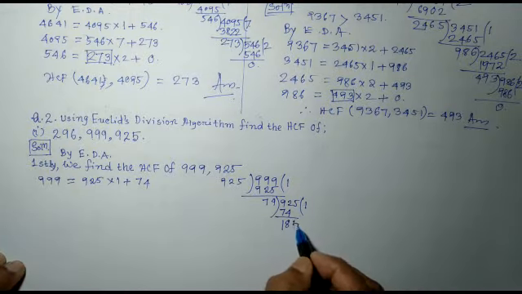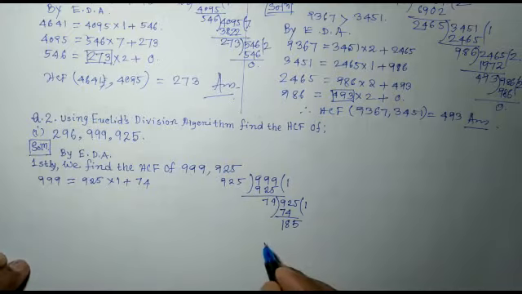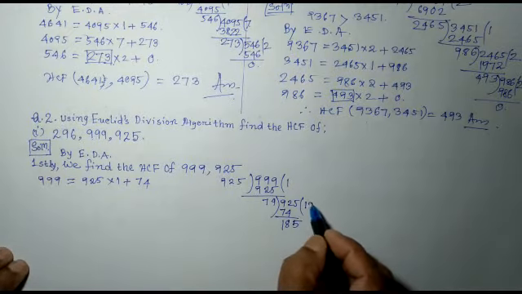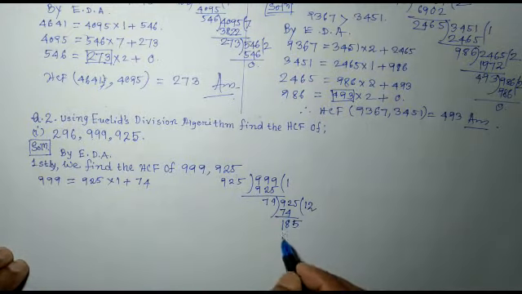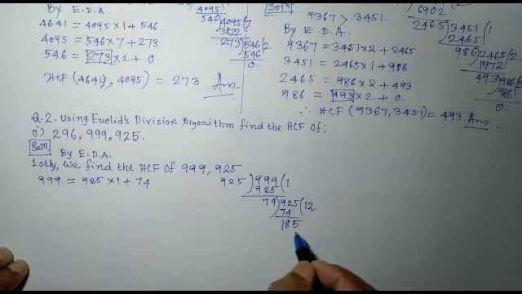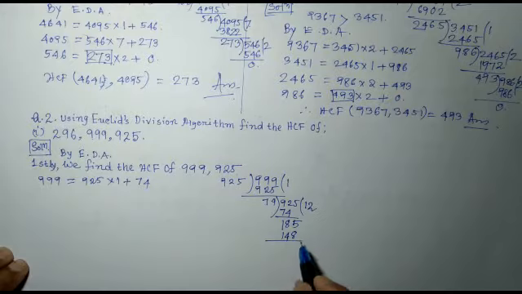So it will be 185 and it will go 2 times. 74 into 2 is 148. Subtracting, we get 37.